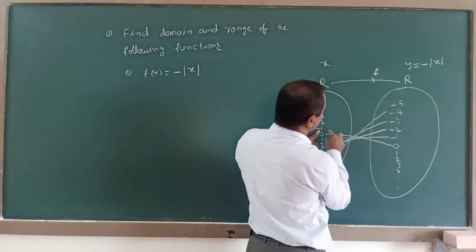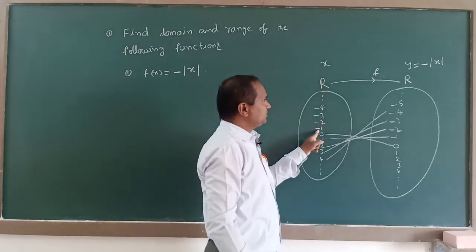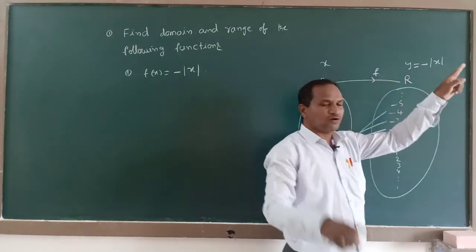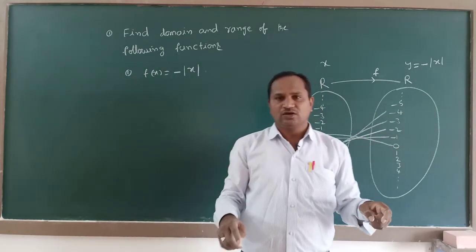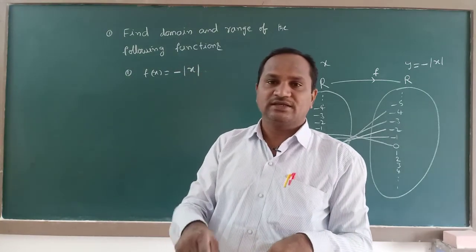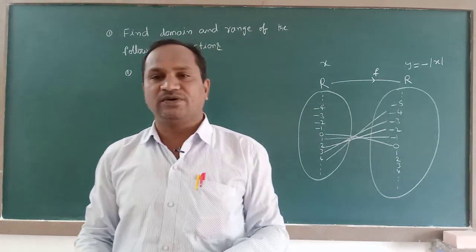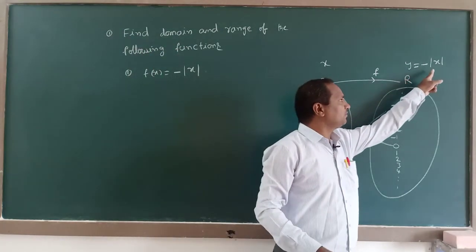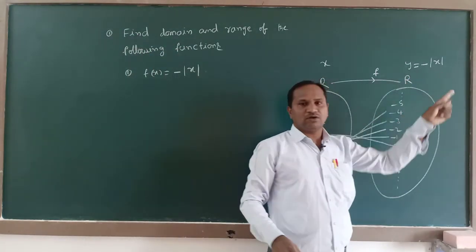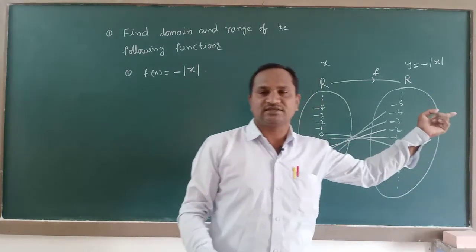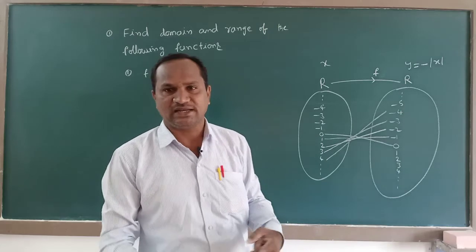Even for x is equal to minus 1, y is equal to minus of modulus of minus 1. When you keep a negative number under modulus, it is always considered a positive number. So modulus of minus 1 becomes plus 1, with the minus in front, plus into minus, minus 1.